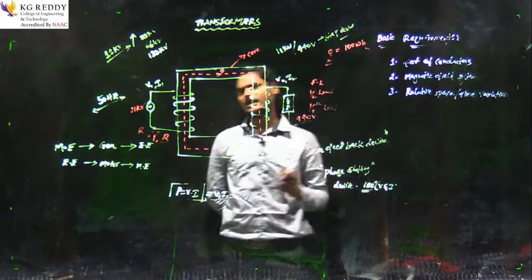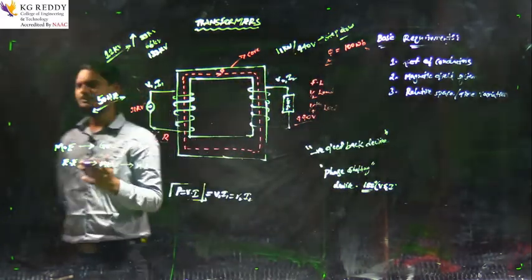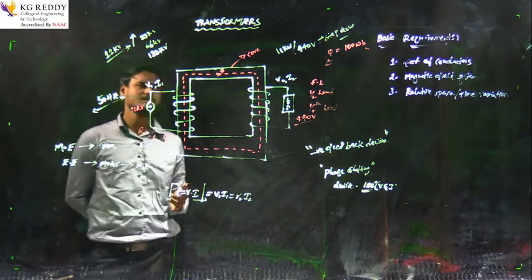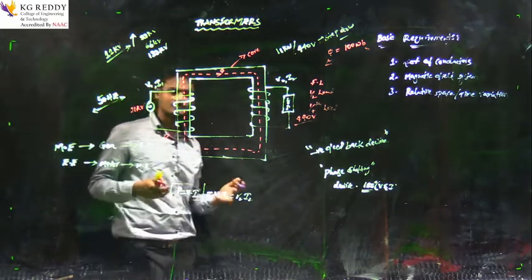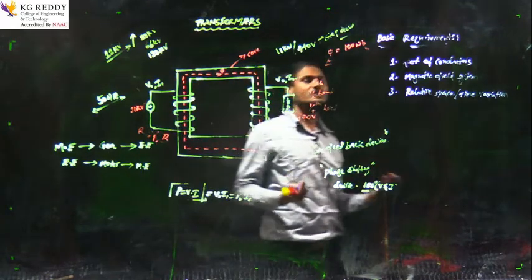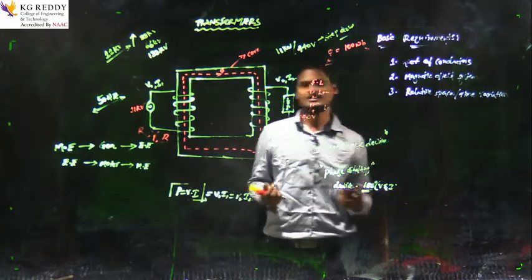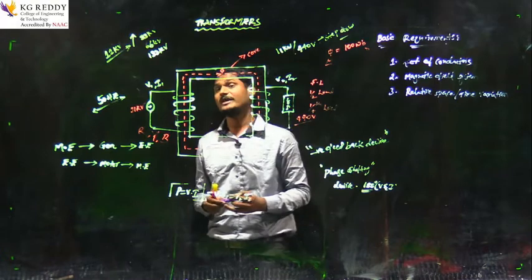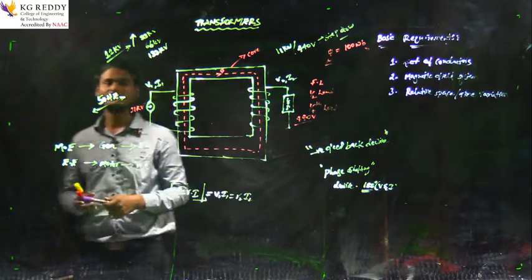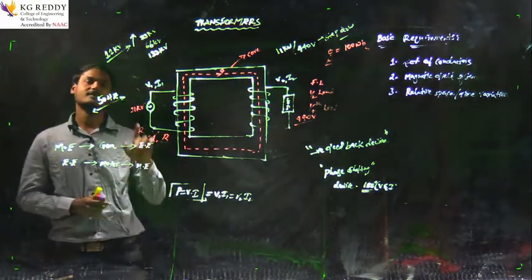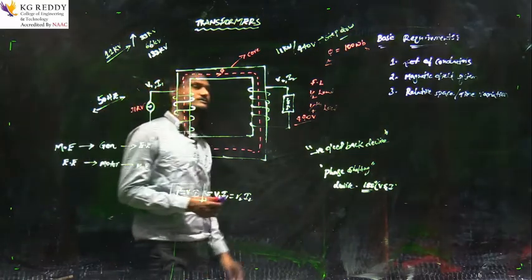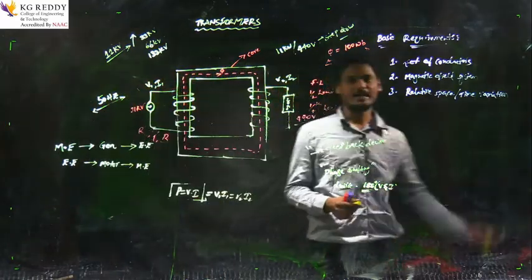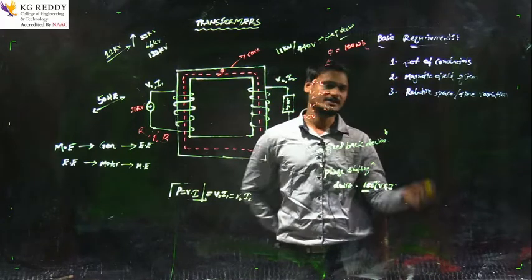Okay. And now, without any principle, we cannot develop the EMF, right? Without any mechanism, how will you develop the EMF in the conductors? So what is the mechanism in all electrical machines? That is Faraday's laws of electromagnetic induction, right?